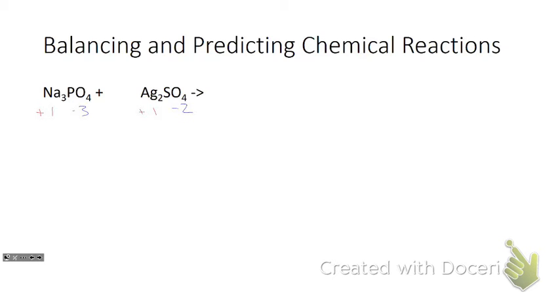Which makes sense, right? These are both, what? Molecular or ionic compounds? Ionic, okay? Metal, non-metal, metal, non-metal. So they should have a net charge of 0, right? And that's exactly what we have. So that's good. Okay, so now that we have identified our anions and our cations, those are going to swap.